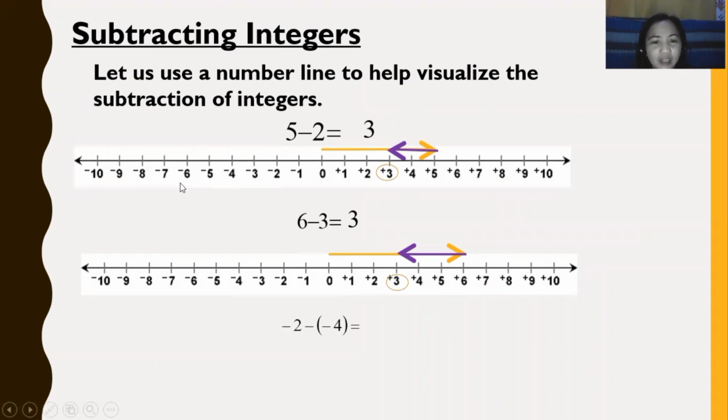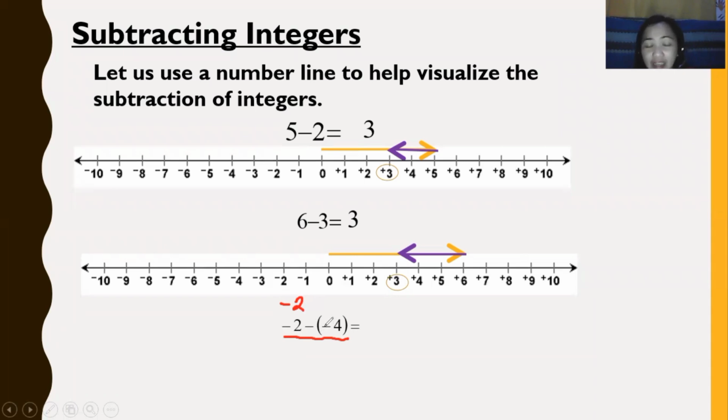And the last example here is negative 2 minus negative 4. Now, here, we have negative and negative, let us rewrite this one. Kapag nakita nyo na may dalawang operation na negative na magkasunod, we multiply it.